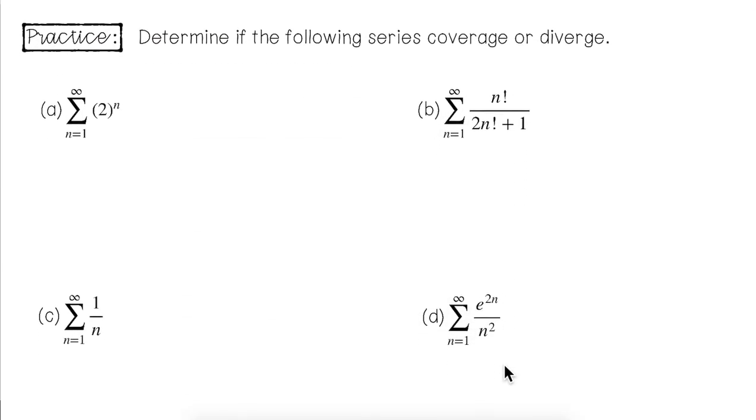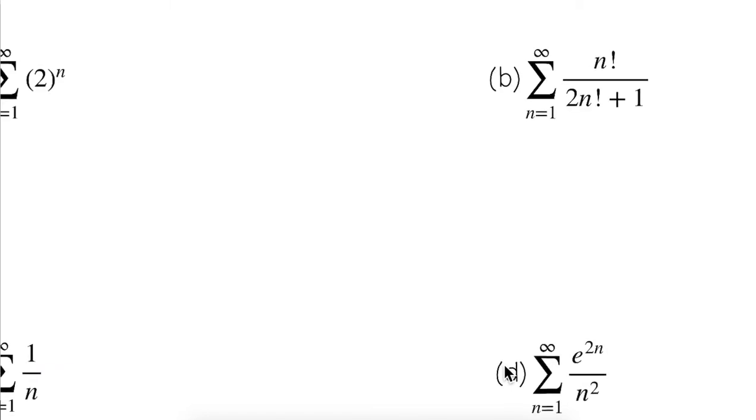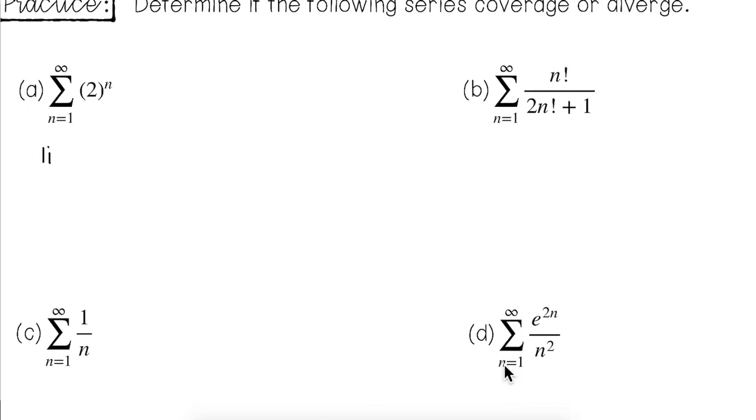So we're going to do 4 quick practice problems. If we look at these with the limit test, for part A, we could also do that with geometric series. So if I look at the limit as n goes to infinity of 2 to the n, that's going to go to infinity, which is not 0. So we can say that this diverges by the nth term test.